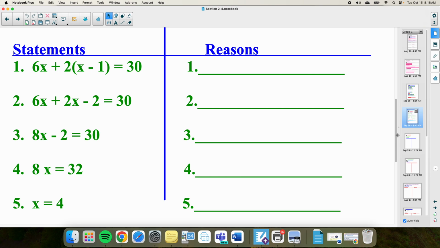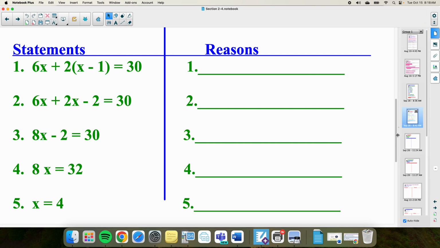This is called a 2-column proof, and that happens to be the only proof that we do in this class. Sometimes your book will ask you to do a flow proof, which would look kind of like a flow chart. Even if it asks you to do a flow proof, we are always doing a 2-column proof.